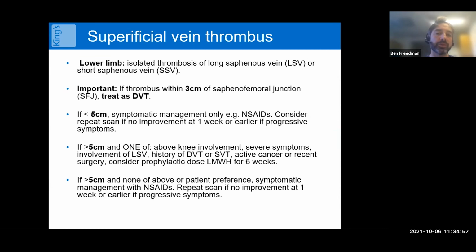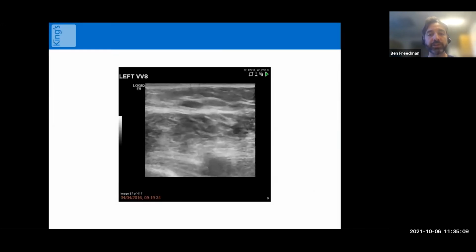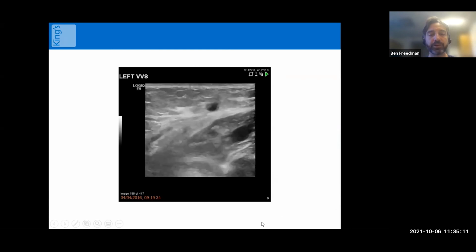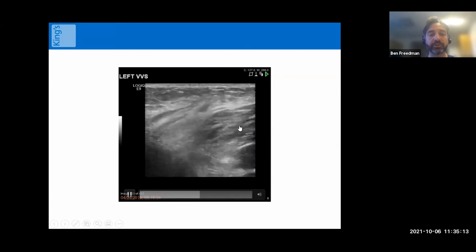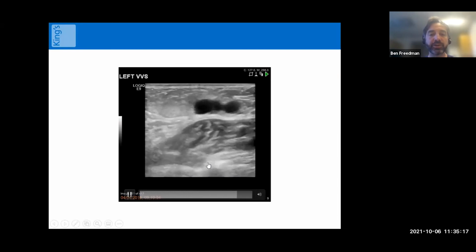A little word on the superficial system. I focus purely on the deep system, but there are some guidelines out there about treating superficial vein thrombus. So we always have a look at our patient's superficial veins as well. And here you can see some varicosities, and you can see a big thrombus sitting in that varicose vein.